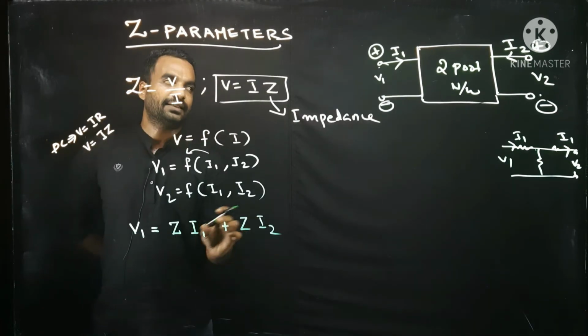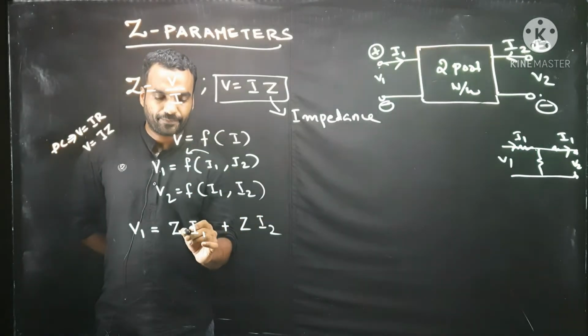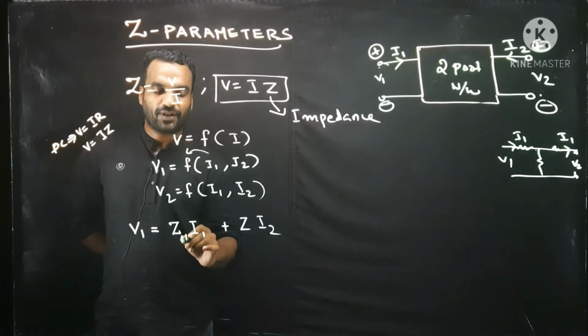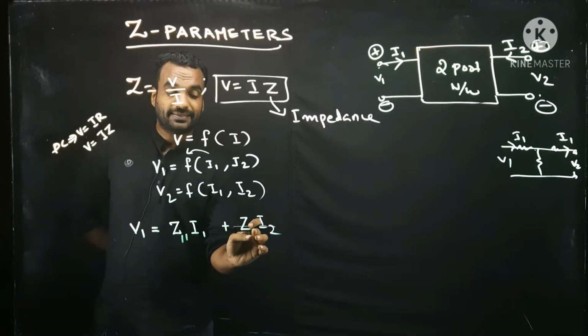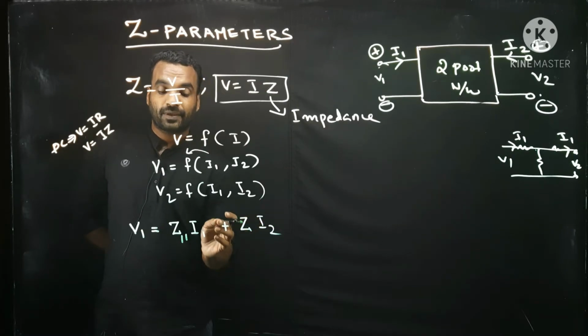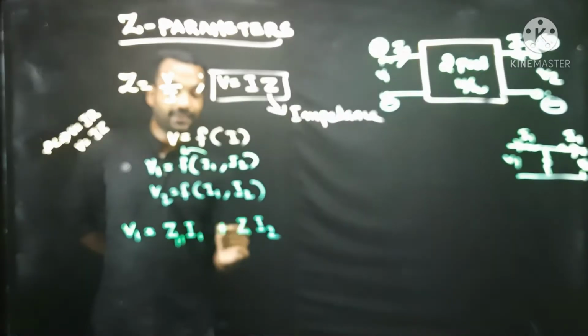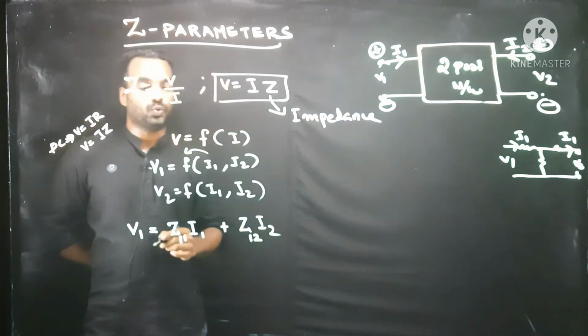This Z and this Z will be different. This is marked as Z11 because V1 and I1 are related, and this Z should be marked as Z12 because V1 and I2 are related.